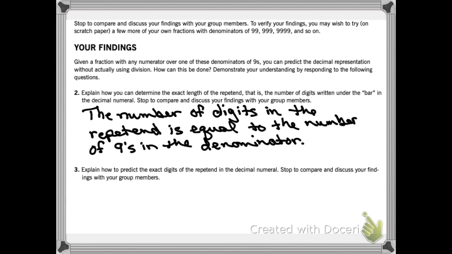And how do we exactly predict which ones are going to be the digits of the repeat end?